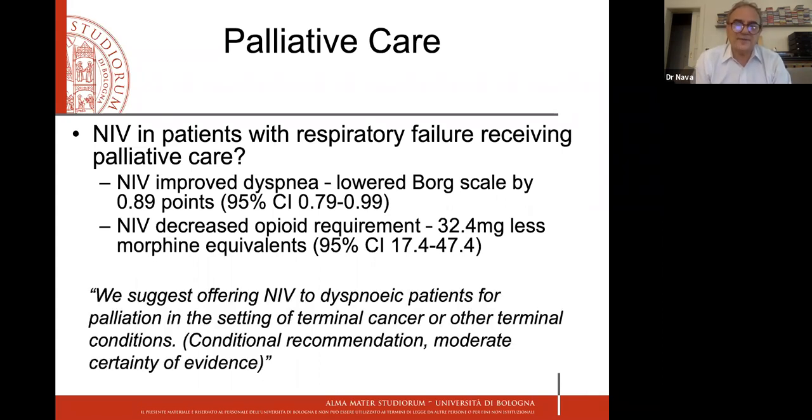Therefore we suggest, once more we suggest and not recommend, offering NIV to dyspneic patients for palliation in the setting of terminal cancer or other terminal conditions. It can be COPD, post-surgical patients, restrictive thoracic disorders, including amyotrophic lateral sclerosis, for example.